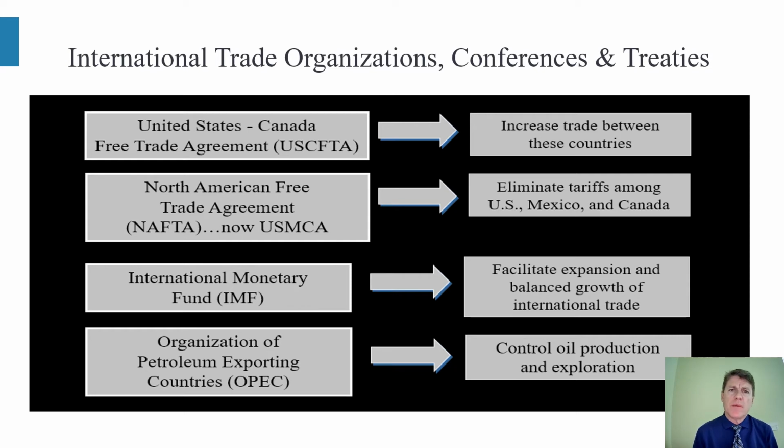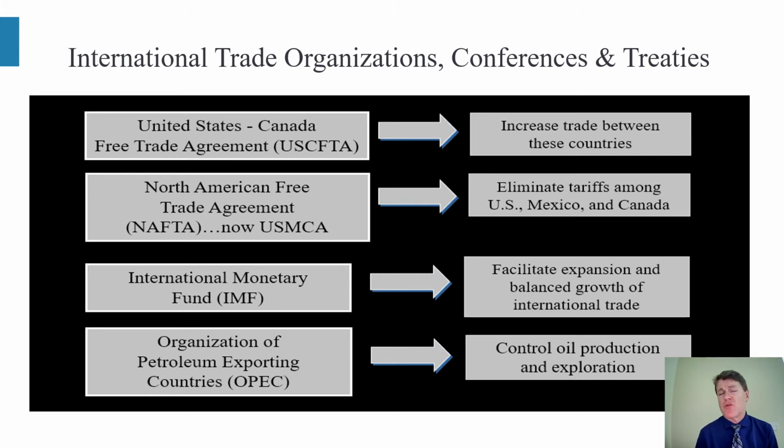Not all free trade agreements are for the expansion and promotion of trade. OPEC, for example, I have at the bottom of the slide. That's the Organization of Petroleum Exporting Countries. And even though the United States is a producer and an exporter of oil, OPEC, for the most part, they operate under this idea that they want to regulate the production and output of oil so that they can maintain a certain price range per barrel of oil.